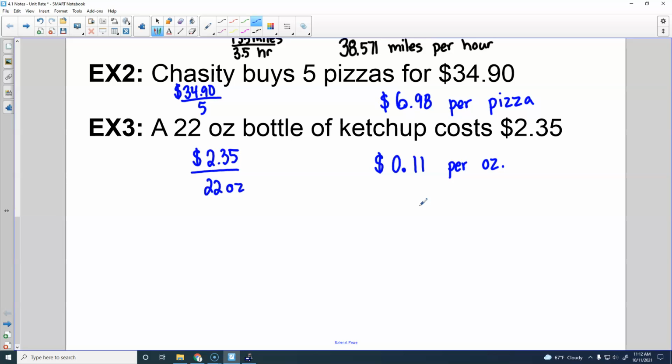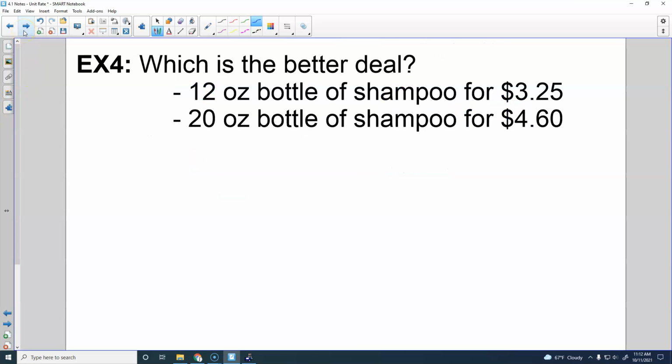Okay, questions? All right. Okay, so here's where we would use what we did in just the last one. And this is something that you can use all the time when you're shopping. Okay? So if you're buying shampoo, most of the time, whenever you go to the shampoo aisle, there are several different options of what size bottle of shampoo you can buy.